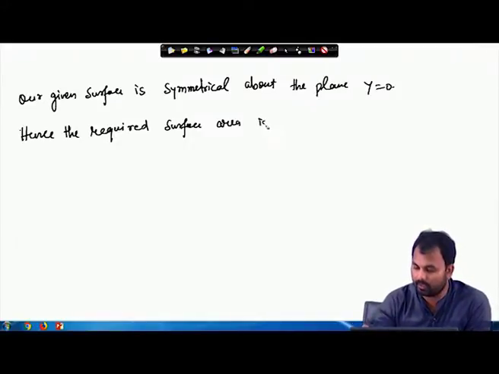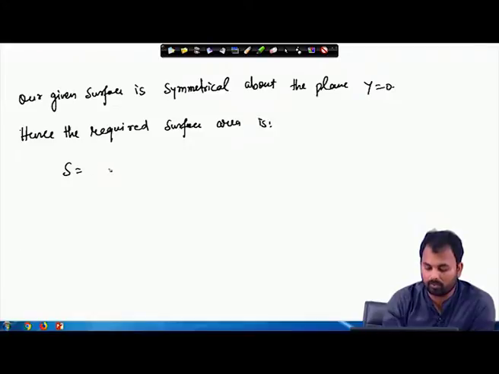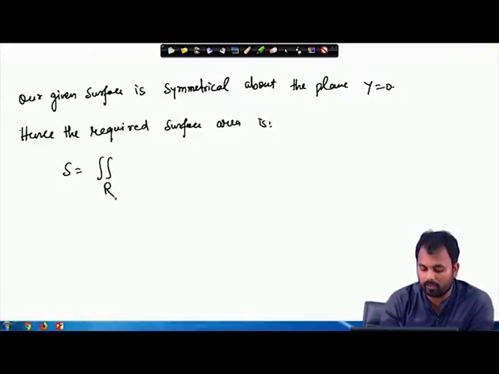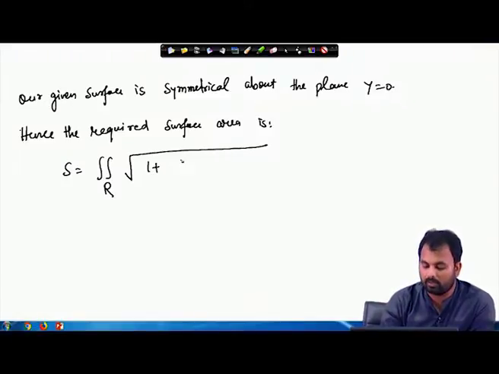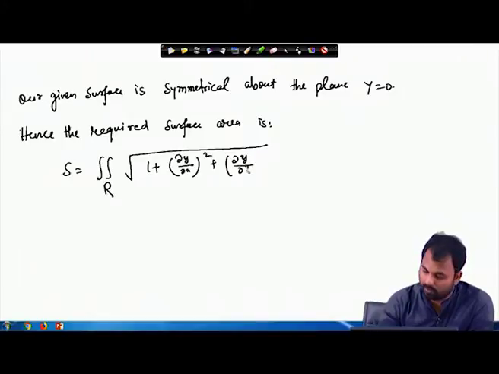The surface area is S equals the integral over the region R of square root of 1 plus del y del x whole square plus del y del z whole square, dx dz.